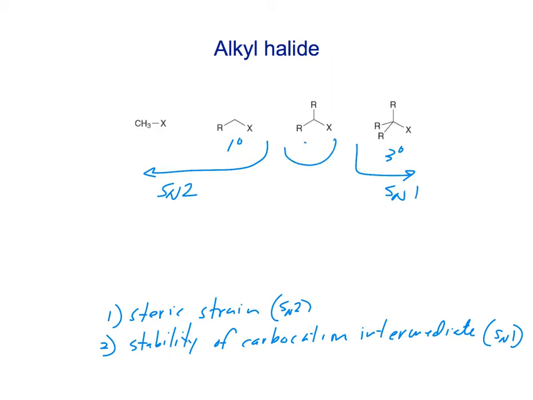And the most challenging decision here is if we have secondary alkyl halides, because this is kind of a gray area, these can do either SN2 or SN1. So if we have a primary alkyl halide, we know what mechanism it will be. If we have a tertiary alkyl halide, we know the mechanism. But if it's secondary, we're going to have to look at other reaction components to make our prediction.